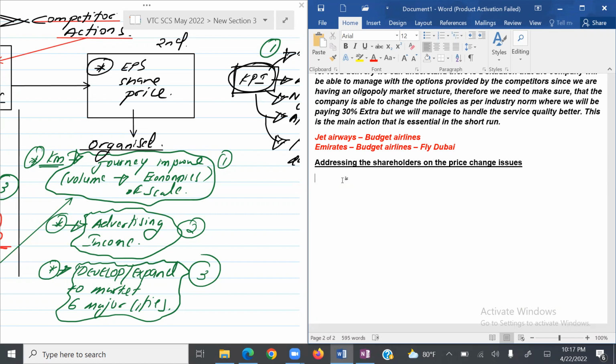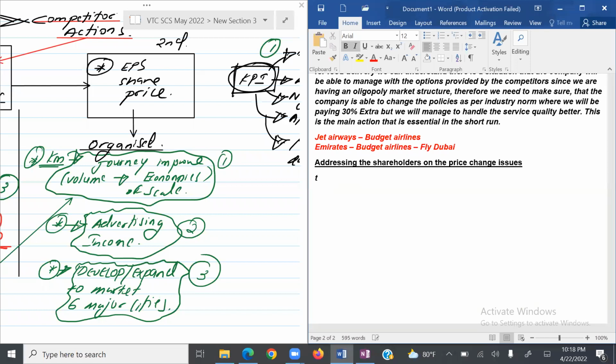Minimize the risk of the company, not shareholders' wealth. Because shareholders' wealth you can increase in an unethical way as well. But effective management is always minimizing the exposure to risk.